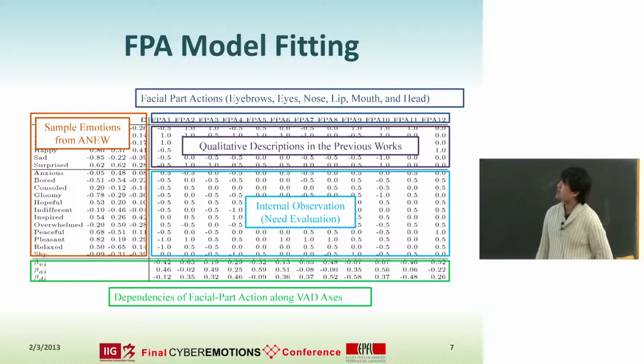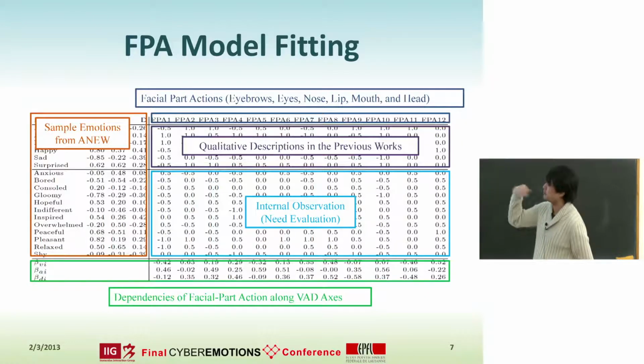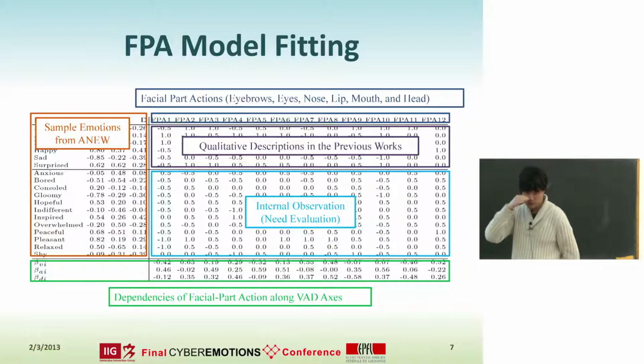On the columns, we have each of the 12 facial parts, eyebrow movement, eye movement, and nose movement. And we fill in the intensity value, which is the FPA movement. From -1 to 1, it changes the movement of a basic part of the face.